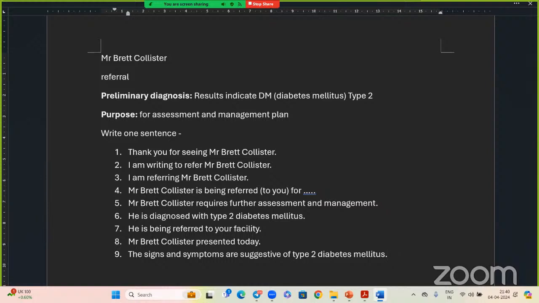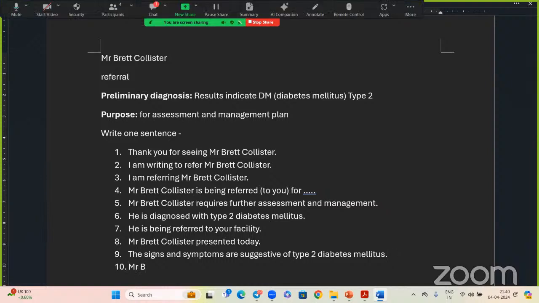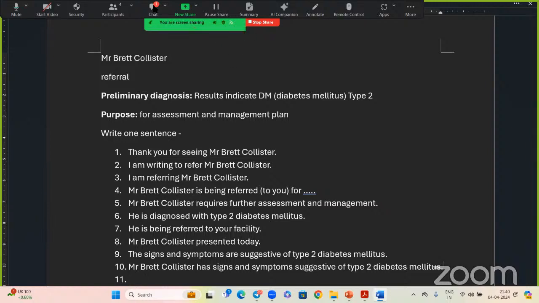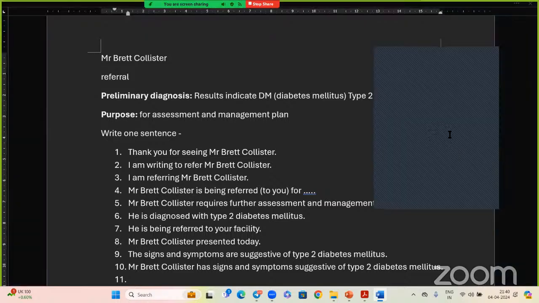Or you can say Mr. Brett Collister has signs and symptoms suggestive of type 2 diabetes mellitus. So different types of sentences you can write. Yeah, Sakina. Mr. Collister presented today with suggestive symptoms, diabetes.